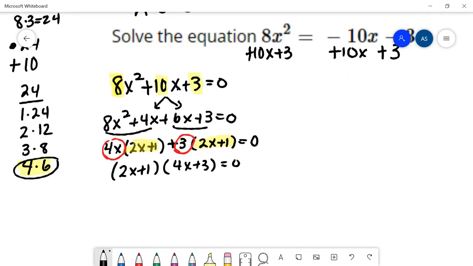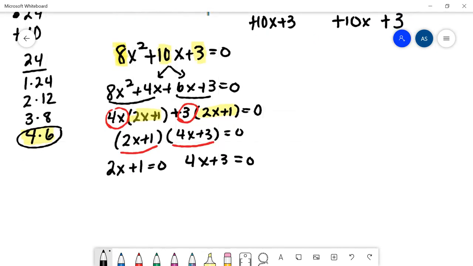Once we have it completely factored, we're going to apply the zero product property, and we have these two factors equal to 0. The zero product property says set the first factor equal to 0 and set the second factor equal to 0. And then you're going to solve each of these equations by getting the variable by itself.